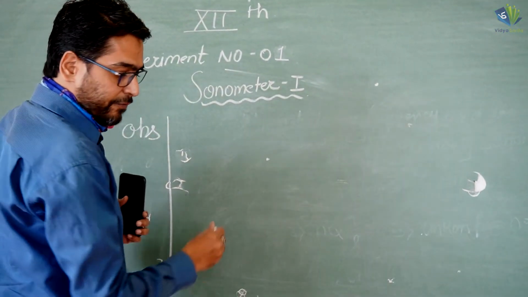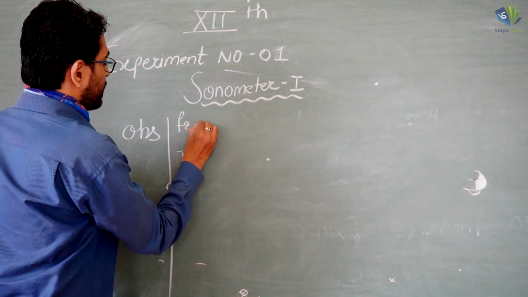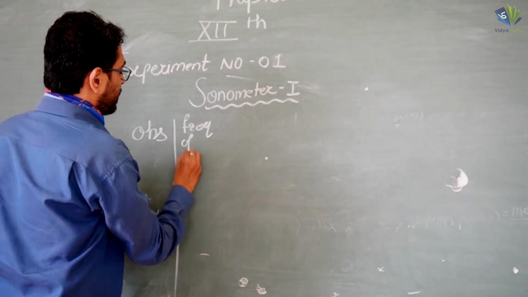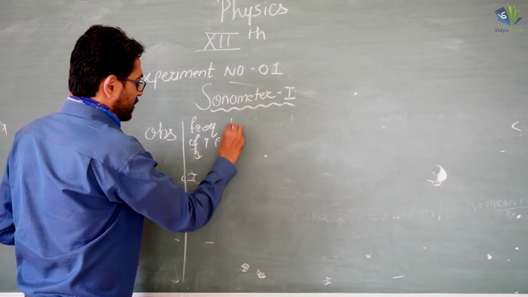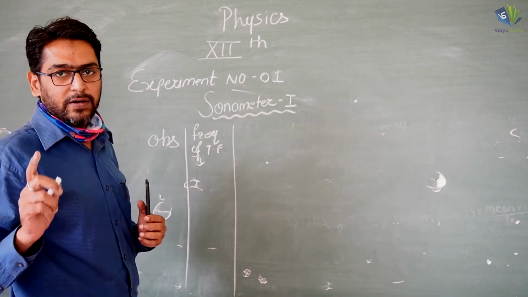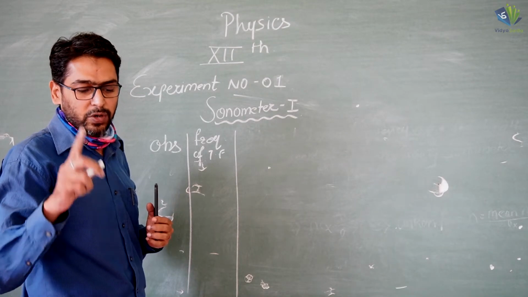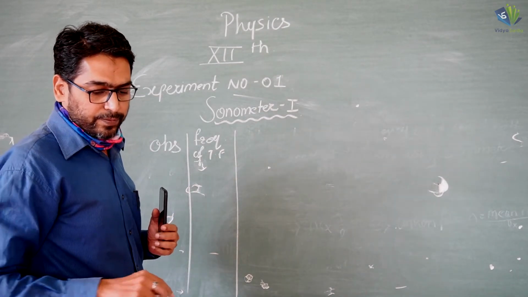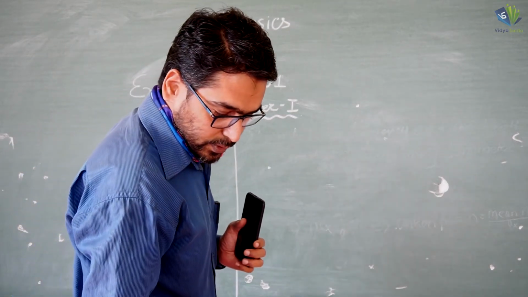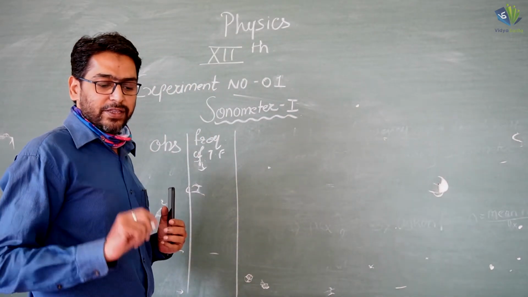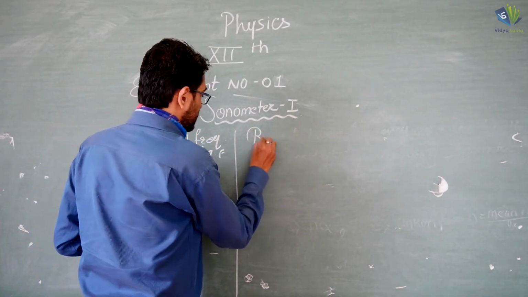Then we have the frequency of the tuning fork. The way I told you, we have 5 different frequencies of tuning forks. It consists of 512 to 341. Now, the resonating length L in meters.